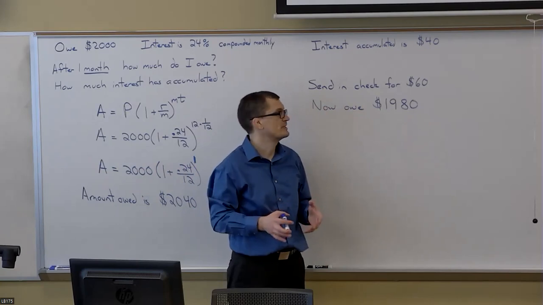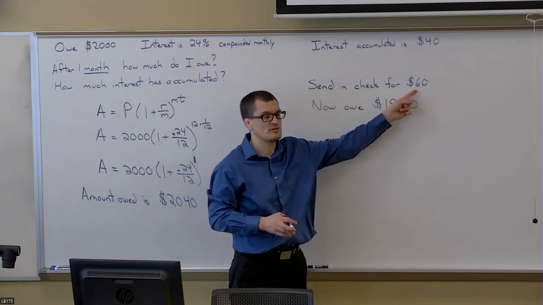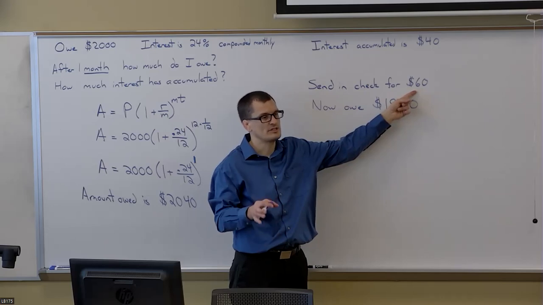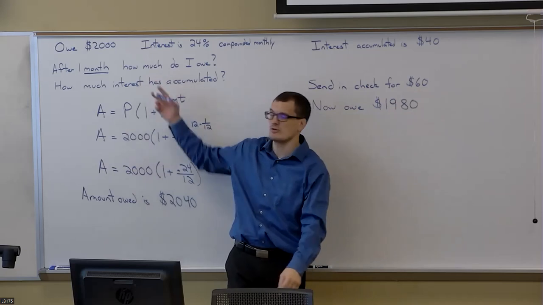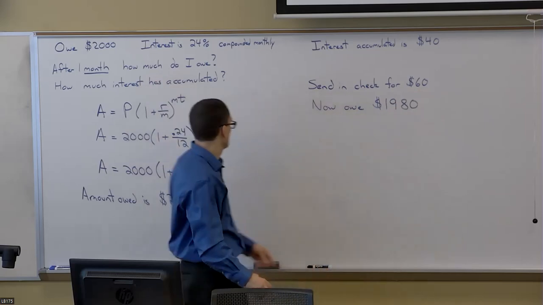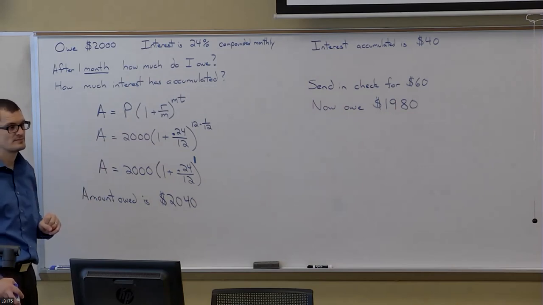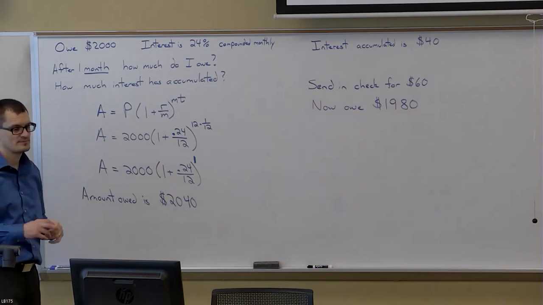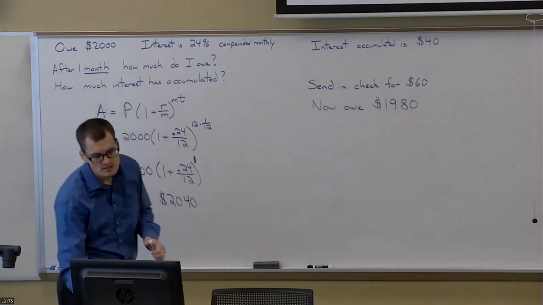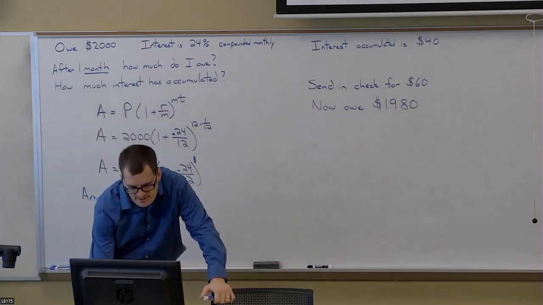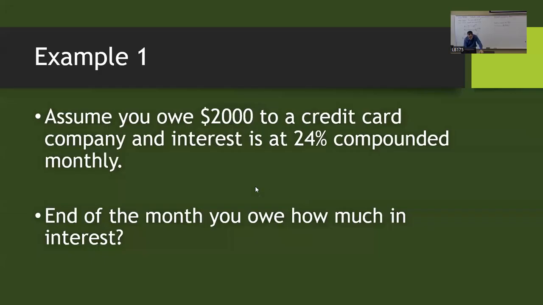And that's true because most of that check went to interest, and only a little bit went to paying down how much you owe, so paying down the principal. Does that make sense? So that's the basics of how interest and debt work. And I wanted to bring that up.